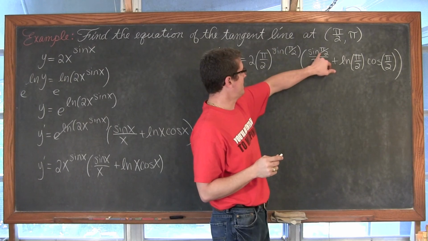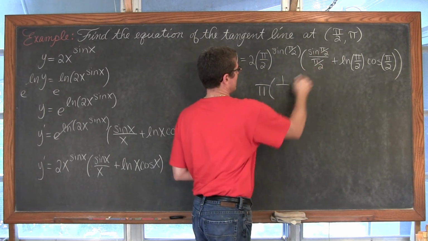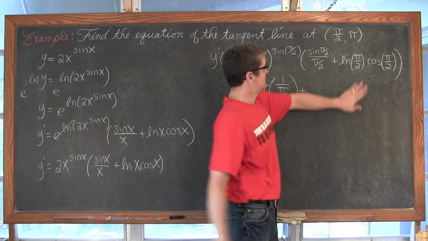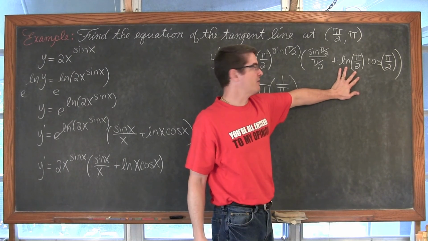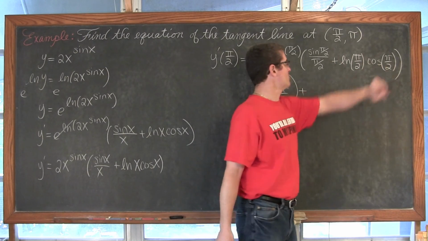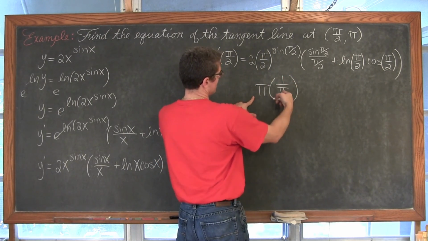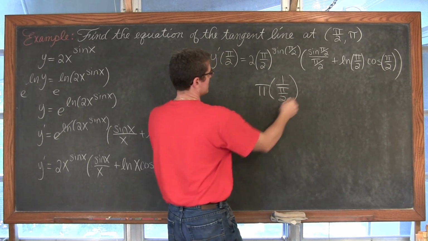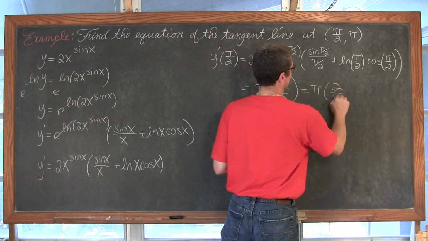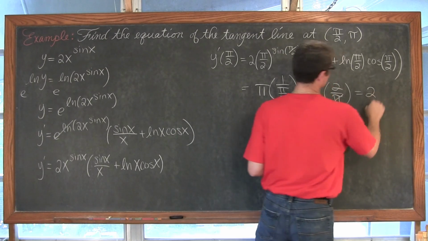Over here, we have the sine of pi over 2, which is again 1, over pi over 2, plus, I don't really need to figure out what the natural log of pi over 2 is, because the cosine of pi over 2 is equal to 0. So this whole term becomes 0, and we get pi times 1 over pi over 2, which becomes pi times 2 over pi. Those pi's cancel out, and the slope of our tangent line is equal to 2.